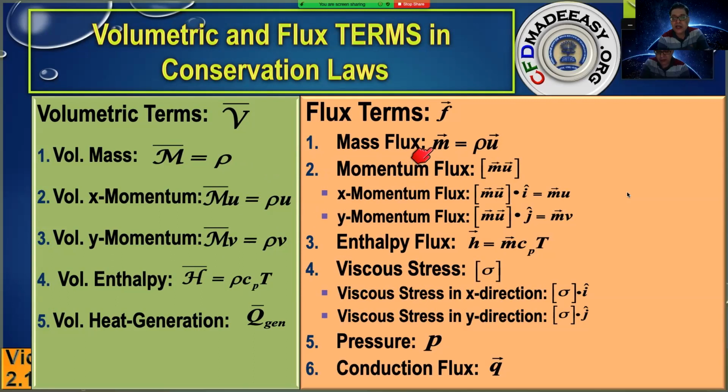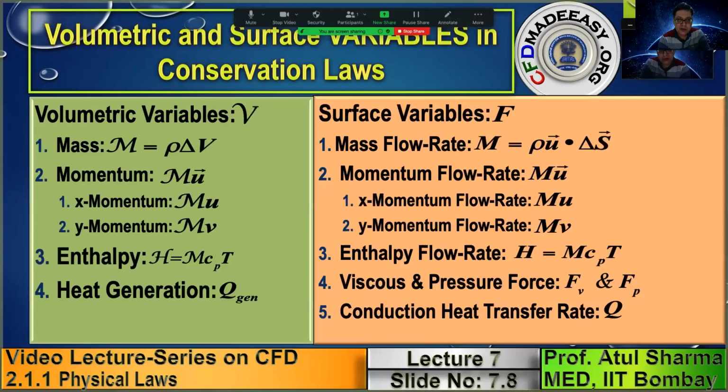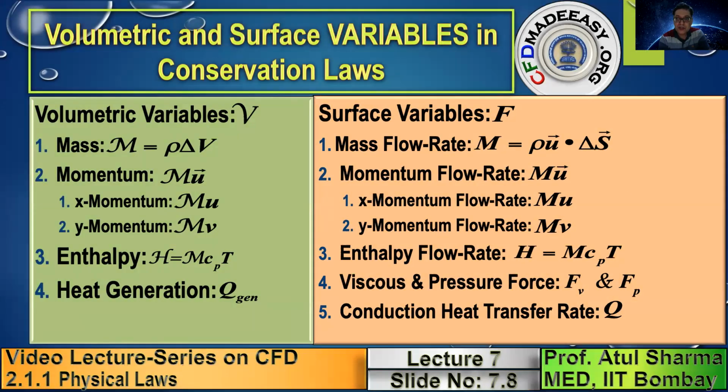Note that in these lectures I'll be using three types of M. In the previous slide I had shown you two types of M. This is one M corresponding to the mass. This is another M corresponding to the mass flow rate. Now in the next slide I had shown you the mass flux.